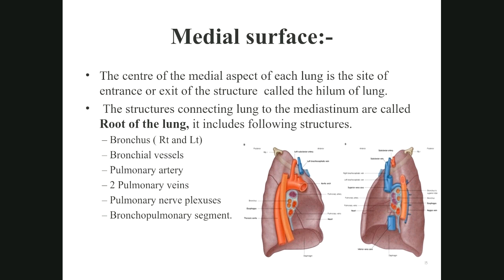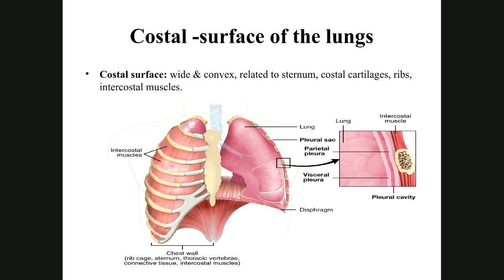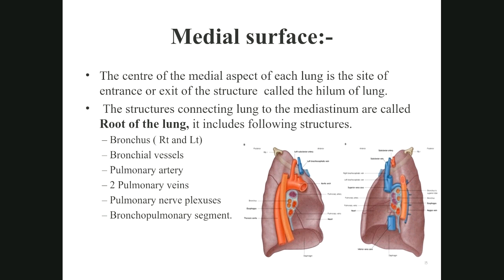Next, the medial surface. What is the medial surface? This surface of the lungs. You can see here. The center of the medial aspect of each lung is the site of entrance or exit of structures. What it means is that some structures go inside the lung and some structures come outside of the lung.